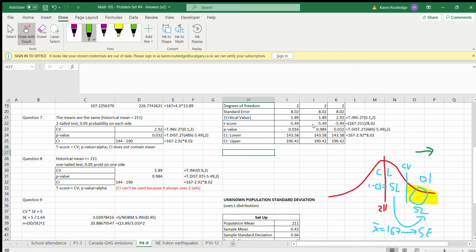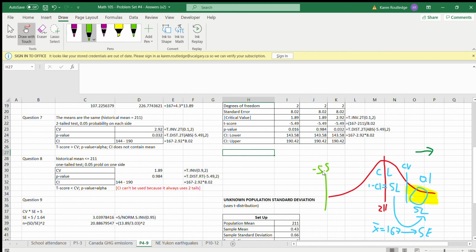And that tells us that our data, just like before, our sample mean, is minus 5.5 standard errors away from the mean. So that minus means we're going to move to the left of the mean. So we are 5.5 standard errors to the left of the mean. This is just where we were before with our two-tailed test. So even though we changed the number of tails, we have not changed the location of our sample mean.